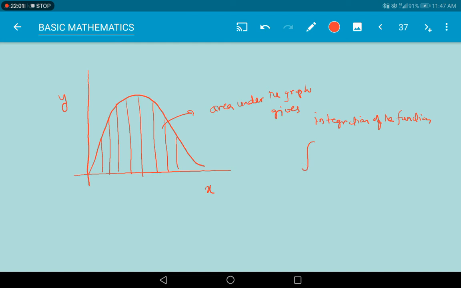Okay, integration of f of x dx is equal to the area under the graph. Okay, this is the significance of the integration.